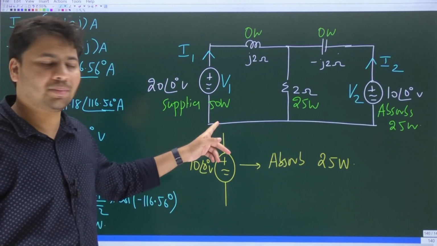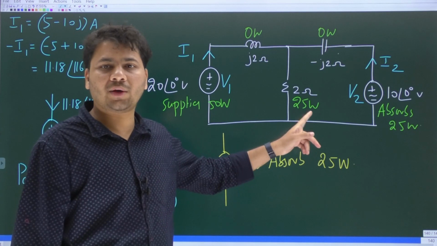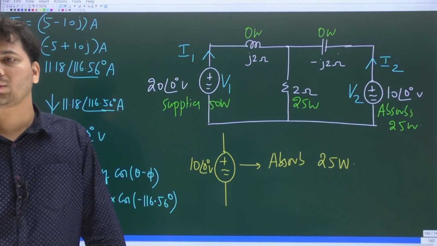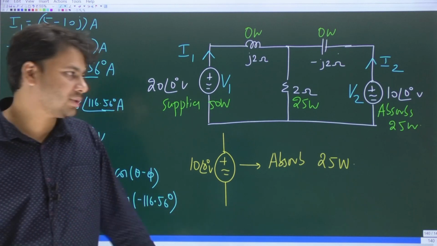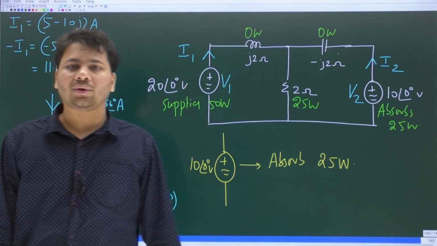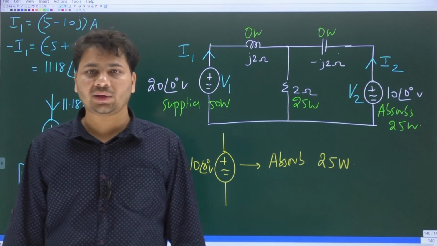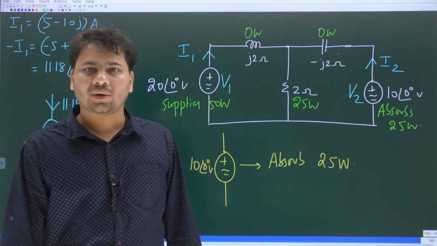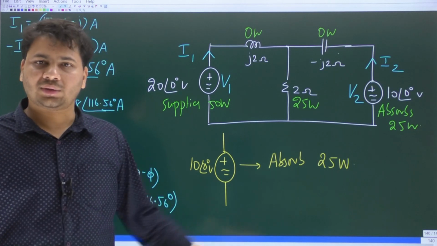So this one supplies 50, out of which 25 will go to the resistor, the remaining 25 will be absorbed by the other source. Is that clear? So this is an introduction to power calculations in AC circuits, okay? We will take up one more small session on this same topic.